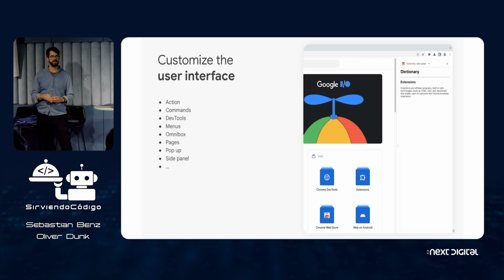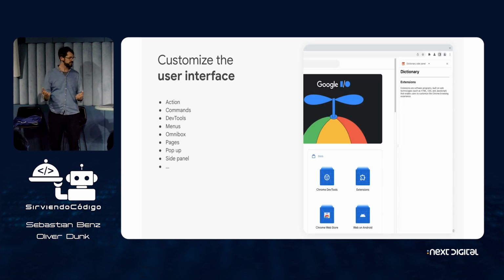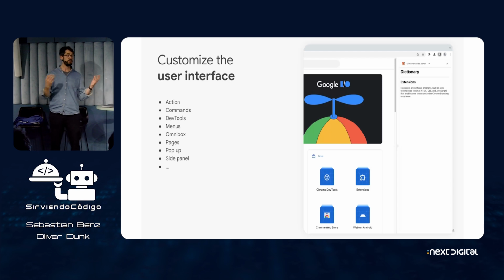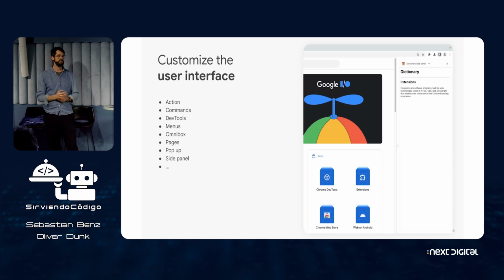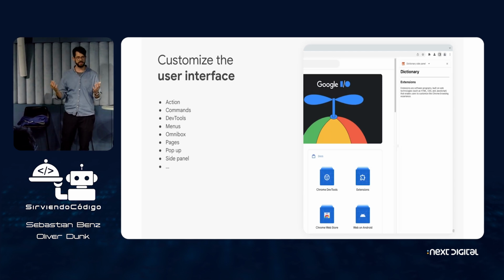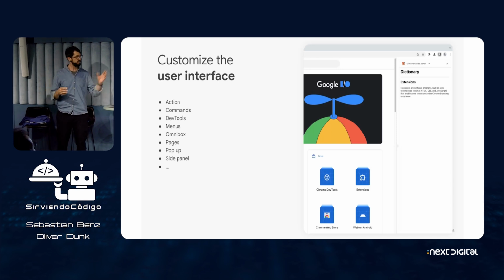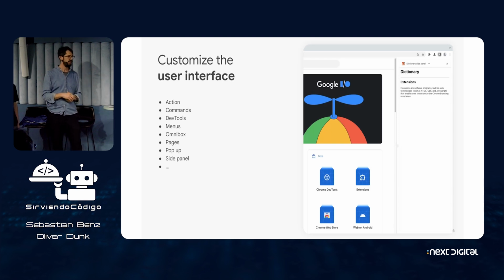You can open separate pages, pop-ups. Also, something that we've seen being used a lot in an AI context is the new side panel. It's a great way, and you see it in the screenshot here, to provide additional information, for example, that's relevant to the website that the user is currently looking at.